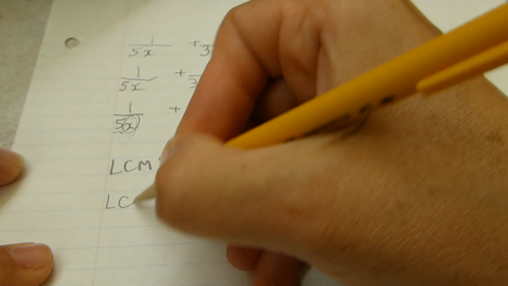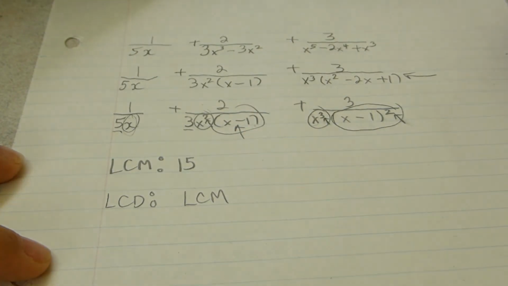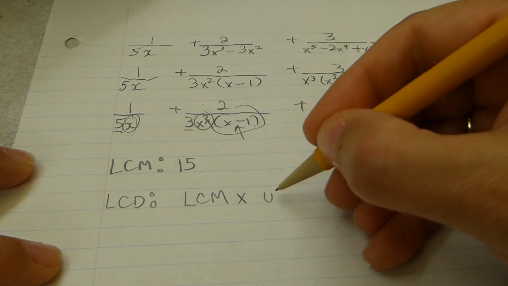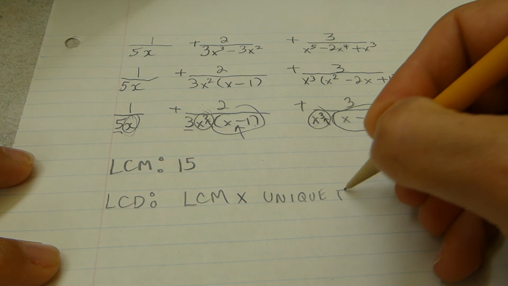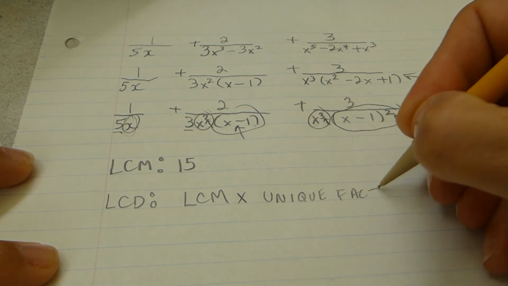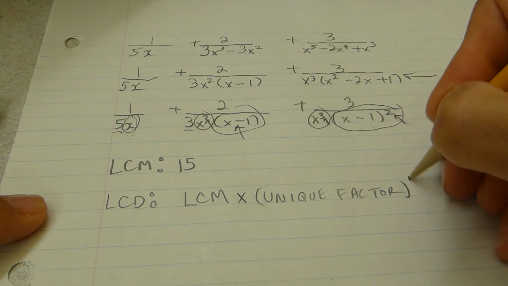So the lowest common denominator is going to be that LCM, lowest common multiple, multiplied by each unique factor raised to the highest power.